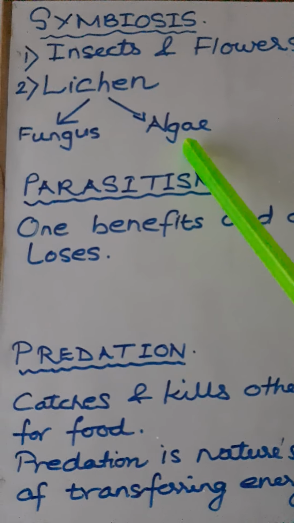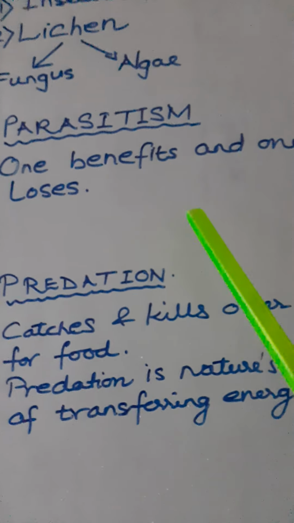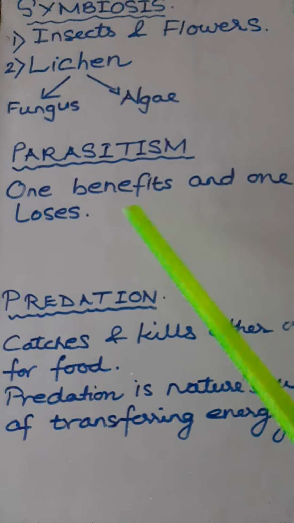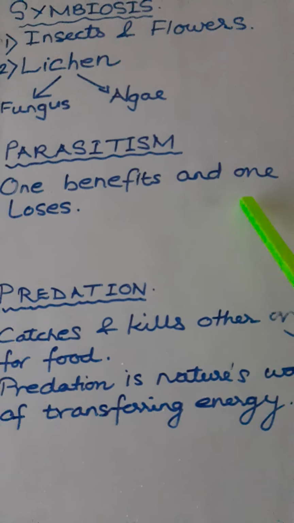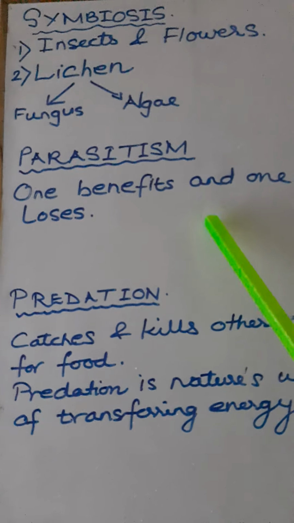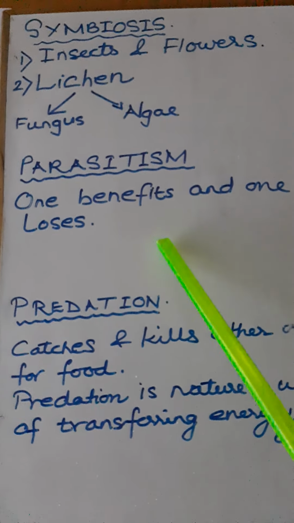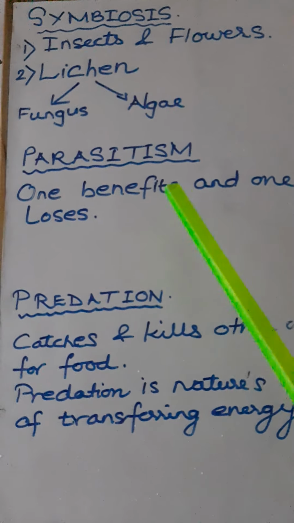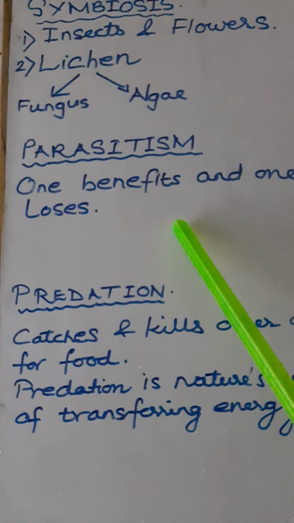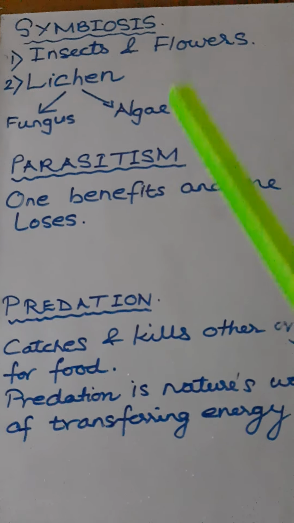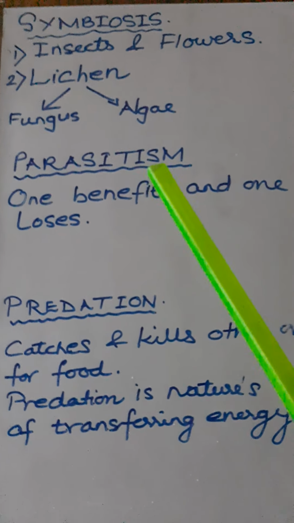Now we come to the next one, called parasitism. In parasitism, one benefits and the other one loses. Both don't benefit. This happens usually with parasites, think of the tapeworm or any plant parasite.